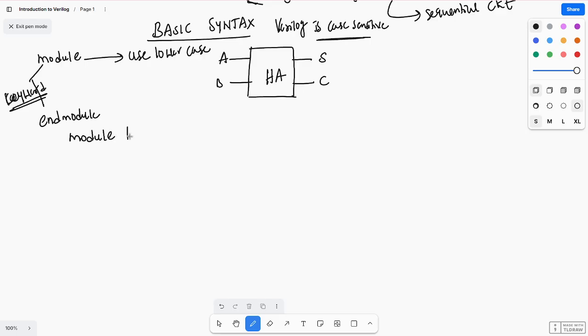Module, and this is the module name or identifier, HA, and here you need to declare the port list.